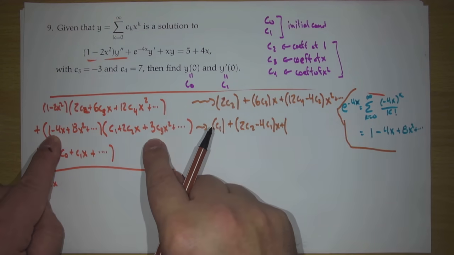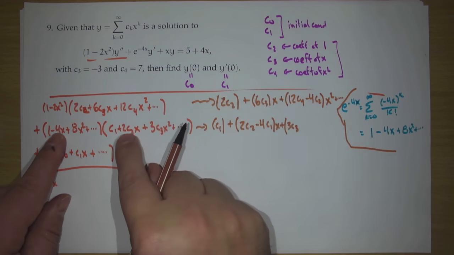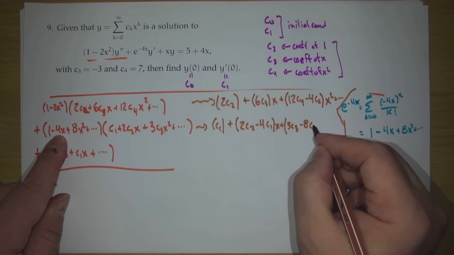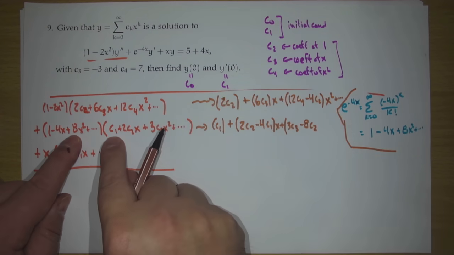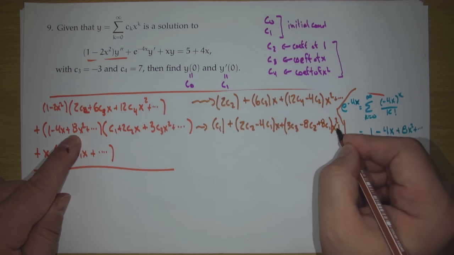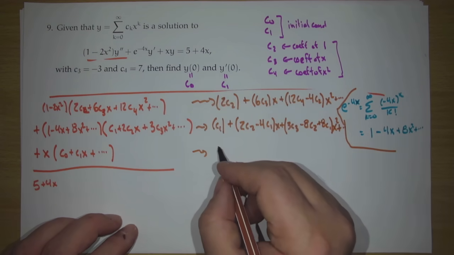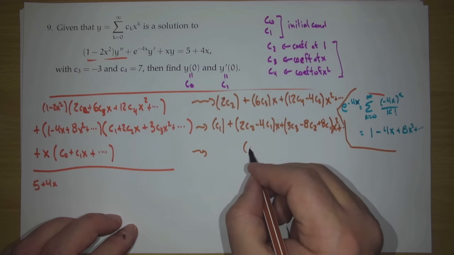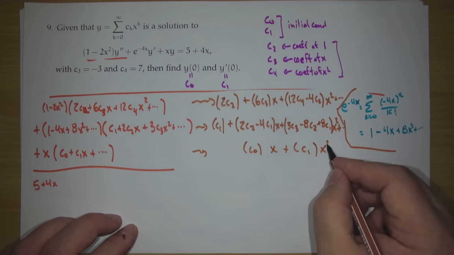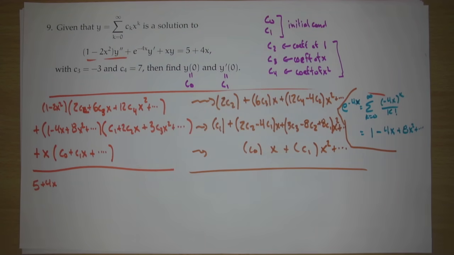So 1 times 3c3 minus 4 times 2c2, so minus 8c2, plus 8c1, x squared. And the last line, we should have started here. c0 x, c1 x squared. Beautiful.